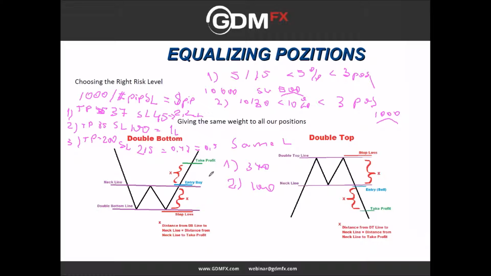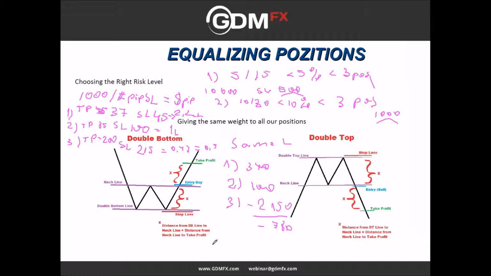Now, the third position here would have a loss of $2,150. Now, the net P&L comes at negative $780.